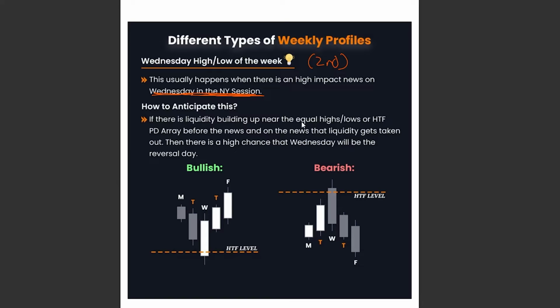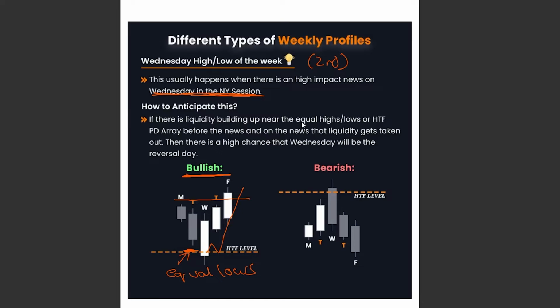Basically, if you are playing this profile in a bullish manner, you will wait for the red folder news in the Wednesday NY session and wait for price to take a higher time frame level or equal lows and start to show strength as it closes back inside, and then you can long towards your targets.